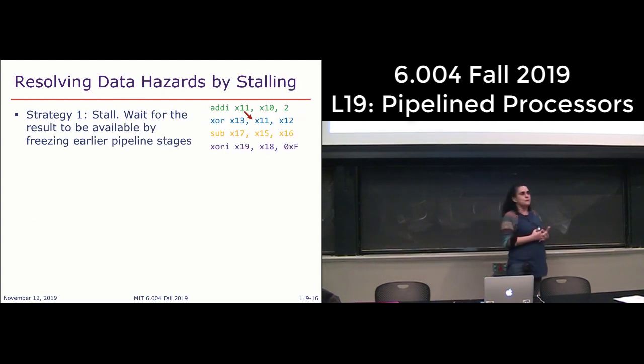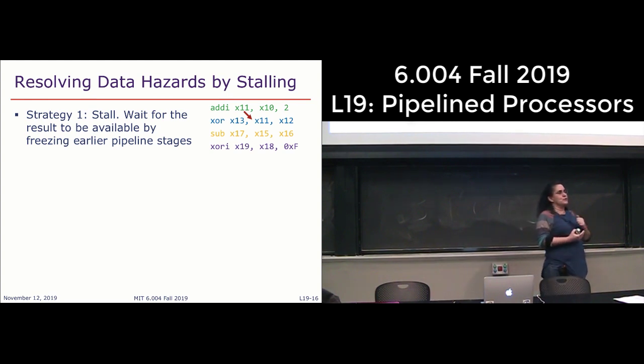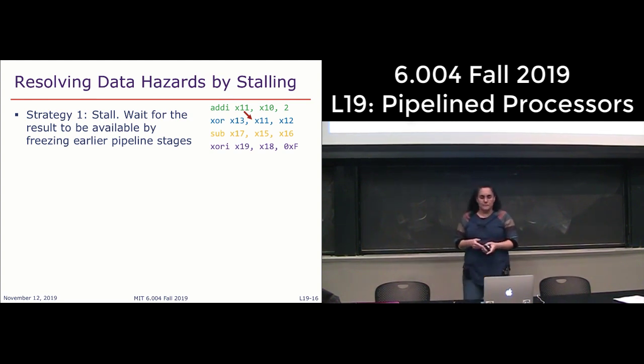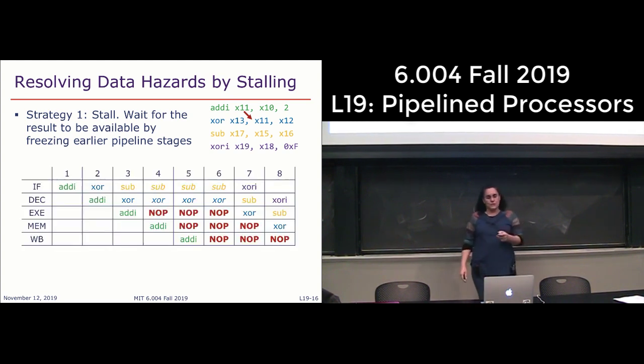All right, so let's take a look at stalling first. So how do I resolve data hazards by stalling? So here's my same instruction sequence where my exclusive OR needs to read the value of X11, which is being written by my add I. All right? So what's going to happen is the following.